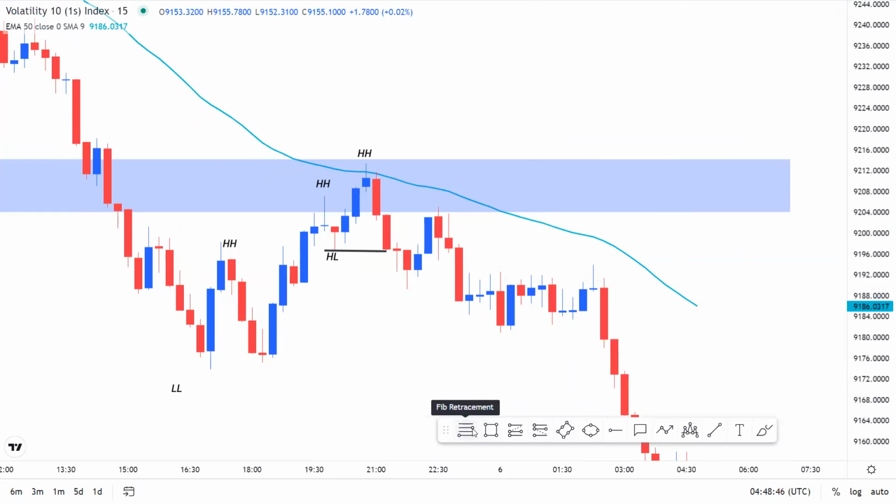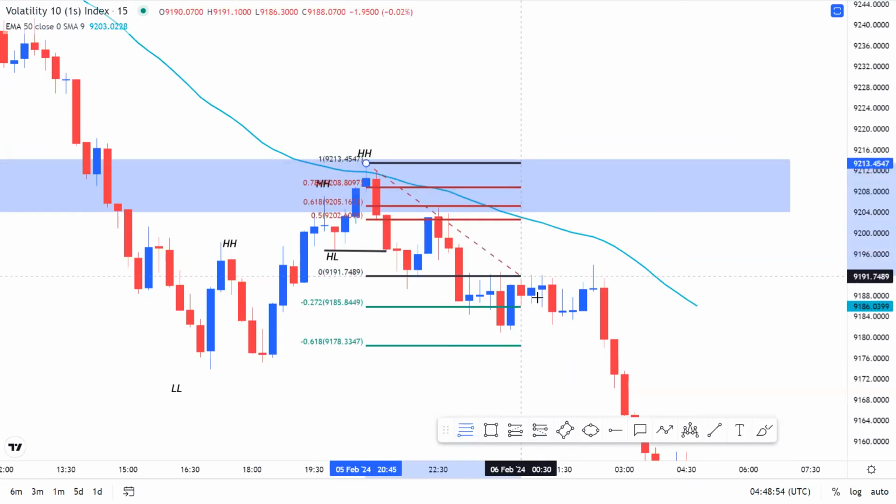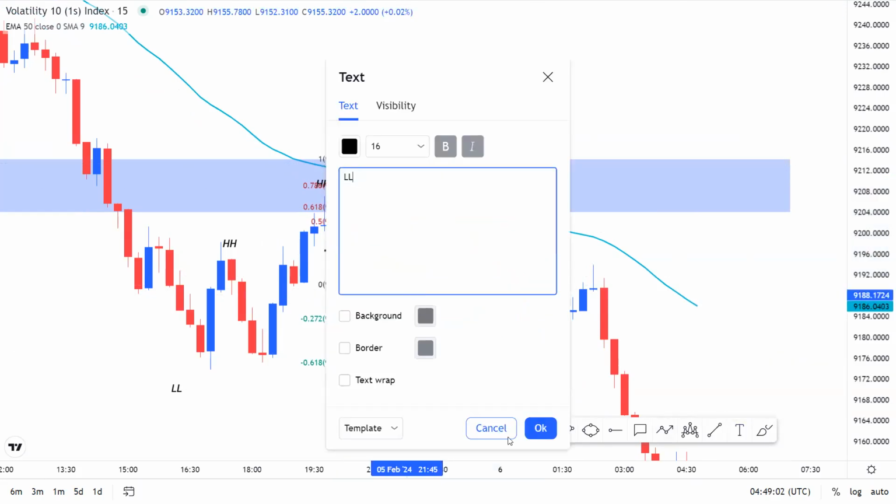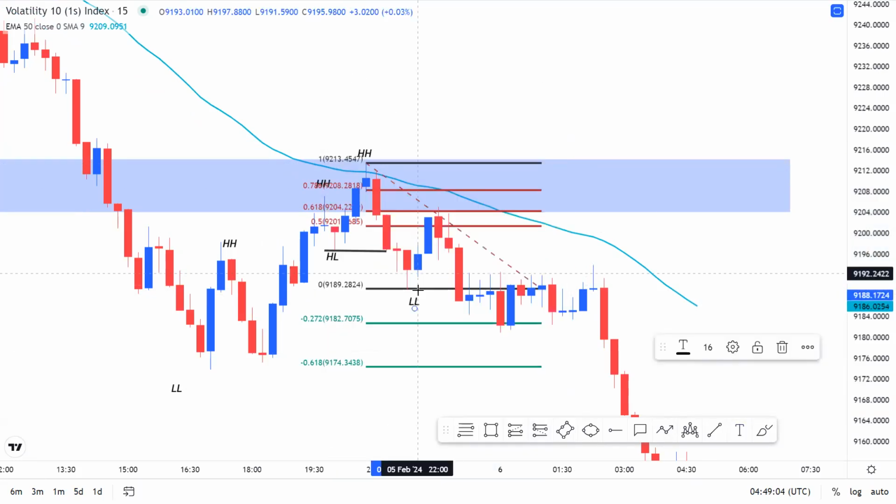So again, this is where I tend to make use of the Fibonacci retracement, from the swing high right here to the most recent swing low. Then I would love for price to nicely retrace into the 50 fib level.